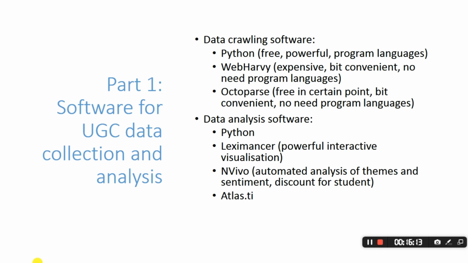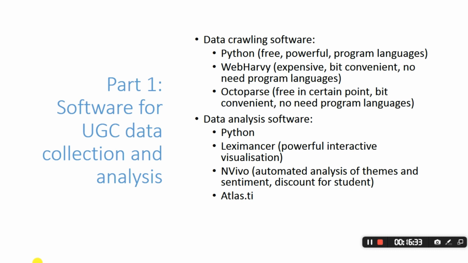In the end, I can recommend some software for you. For data crawling, Python is a powerful tool. It's free to download, but it's difficult to use for someone who doesn't have programming language skills.